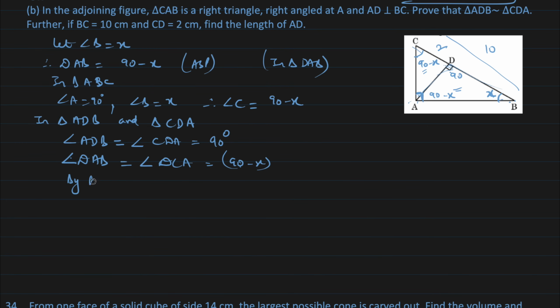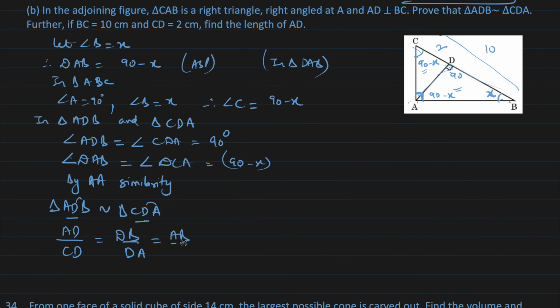So by AA similarity, triangle ADB is similar to triangle CDA. Clear till here, students? Now with similarity we have the proportionality. So AD by CD equals DB by DA, equals AB by CA.